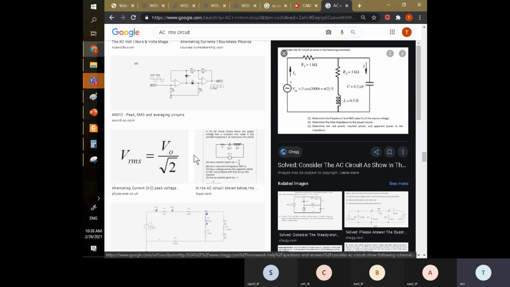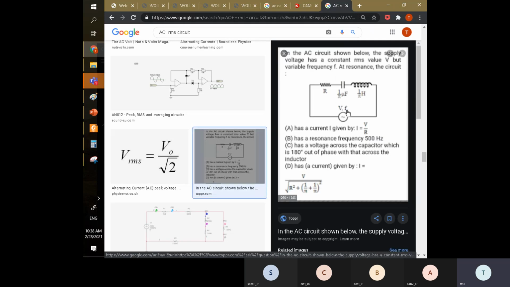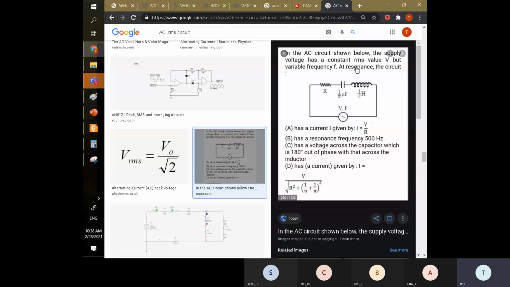If you look at this example, it gives you the voltage and the frequency, and this voltage should be RMS. It says the supply voltage has a constant RMS value, V.